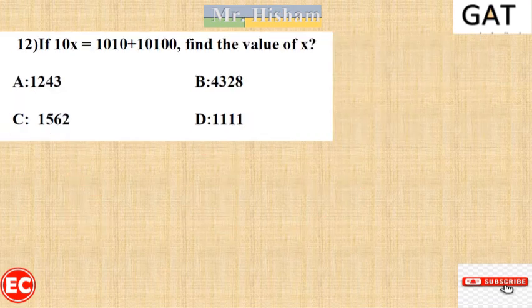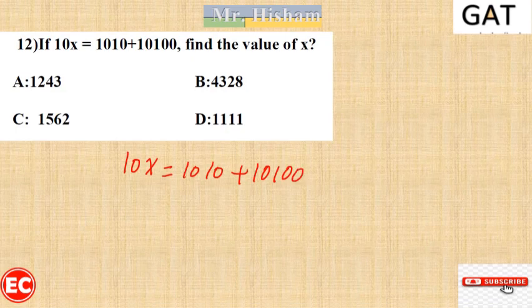Question number 12. 10x is equal to 1010 plus 10,100. So let's write this: 10x is equal to 1010 plus 100. You may think first of just adding these two numbers, but I have a simple method. I can divide here by 10, divide here by 10, and divide here by 10. So this one will be 101, this one will be 1010, equal to x.